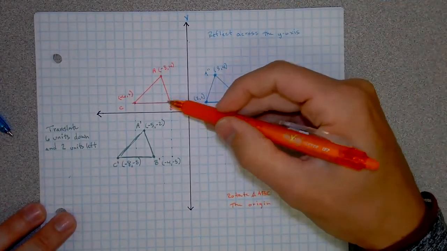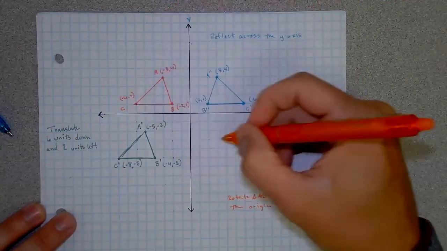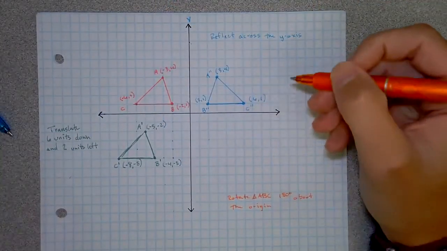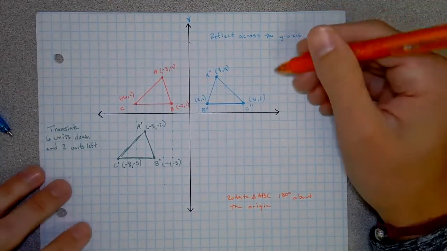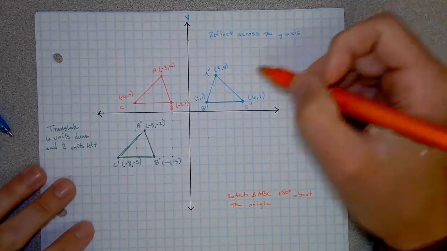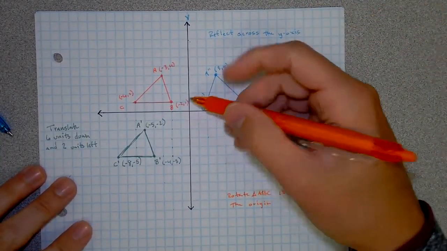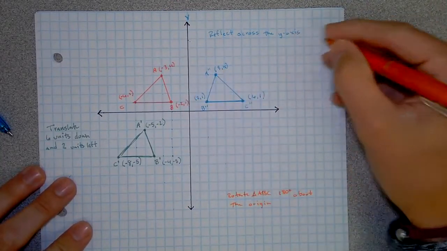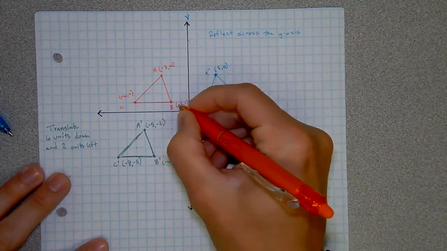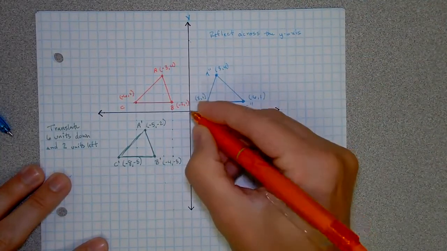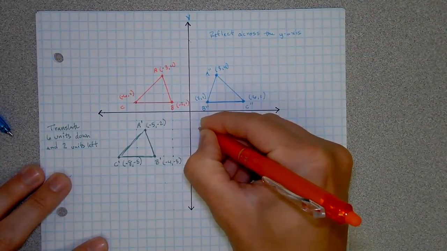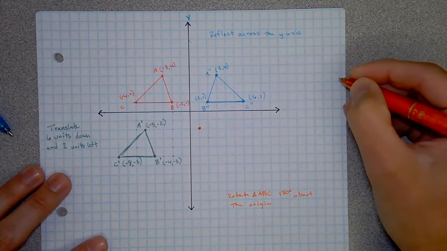So 180 degrees, we're over here in quadrant 2. We're going to end up in quadrant 4 because that's 180 degrees away. But we've got to know where our points are going to be. So right here, our B value is 2, 1. Remember, we flip the signs. Okay, so we're going to get 1, 2.